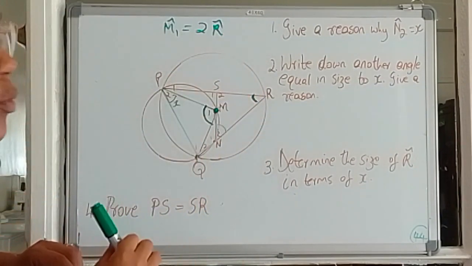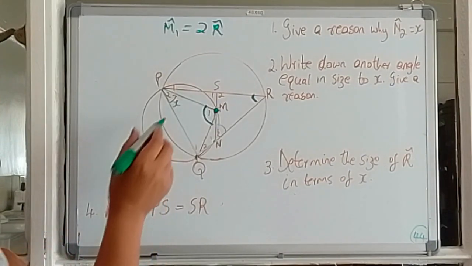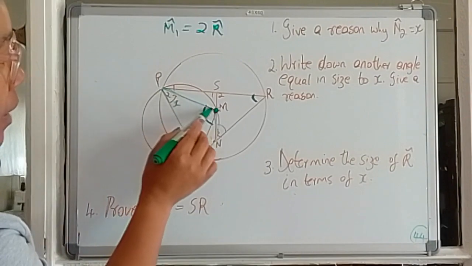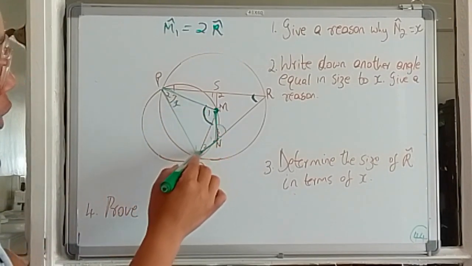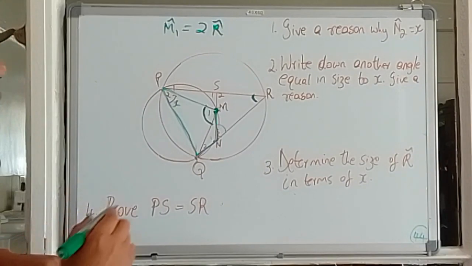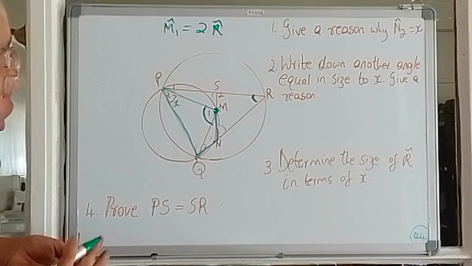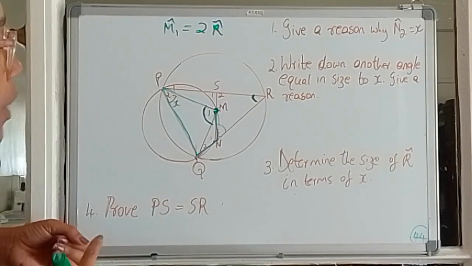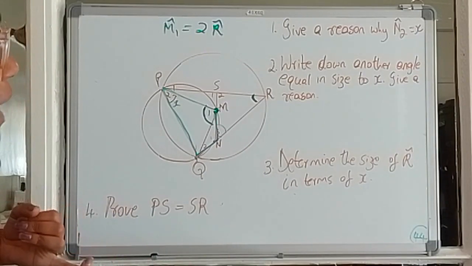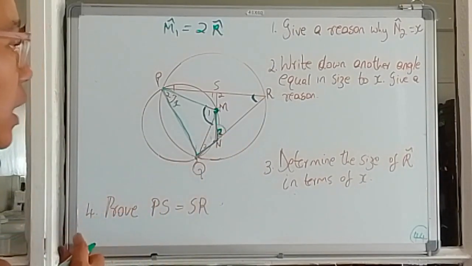And then we are further given that PMNQ is a cyclic quadrilateral in the smaller circle. What we know of cyclic quads, we can look for a bow tie, we don't see it here, but we know that an exterior angle of a cyclic quad is equal to the opposite interior angle.